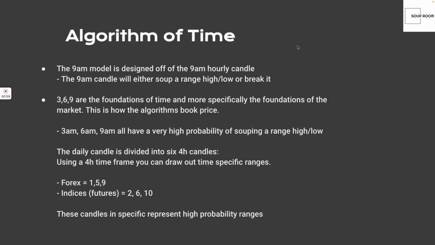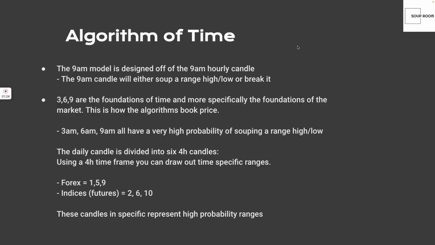This is how the algorithms book price. At 3 a.m., 6 a.m., 9 a.m., there is always going to be a very high probability of souping a range high or low, or breaking it. Always, every single time.